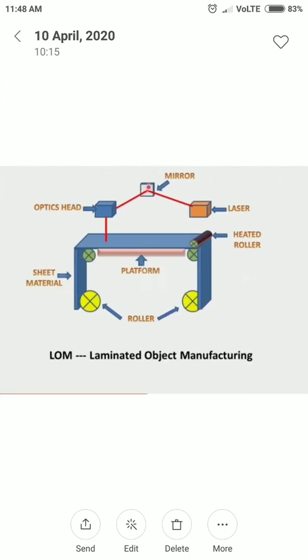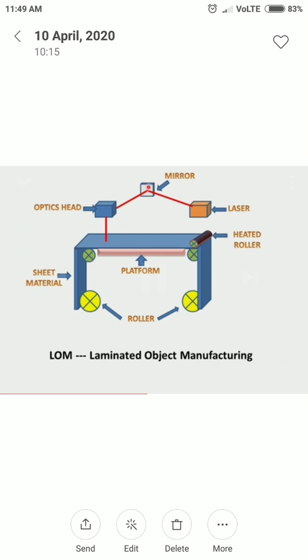Then you'll come to another slide. This slide is very important, the main working: how you are going to cut the sheet metal, and then how you are going to laminate it. It is very interesting, and I hope you will understand laminated object manufacturing clearly. Rollers, platform, sheet metal and heated roller are there. Three extra components are here in this slide: laser, mirror and optics head.